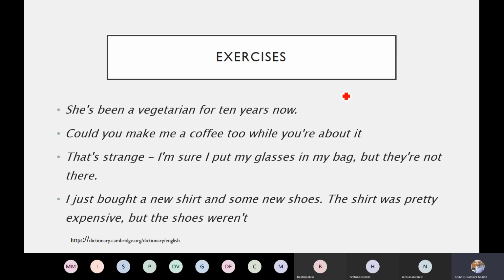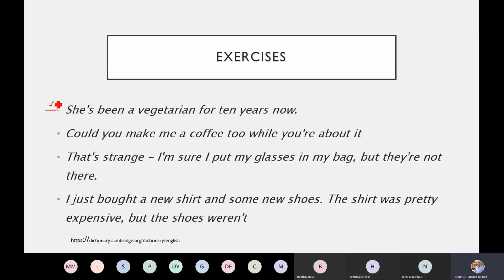I would rather have you circle the strong forms and underline the words that are going to be used in weak form. For example, the first one says, she's been a vegetarian for 10 years now. Which words do you think are used with a strong form here? Which words in this sentence?